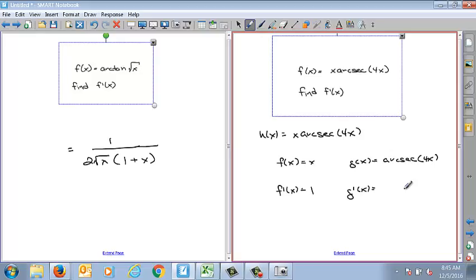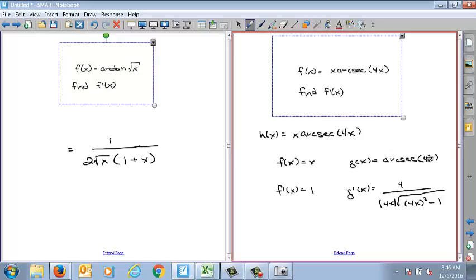Yep. So all we have to do is, if you apply the formula from the book, you'll get u prime, which is 4, that's the derivative of that, divided by the absolute value of u times the square root of u squared minus 1. So that's g prime of x.